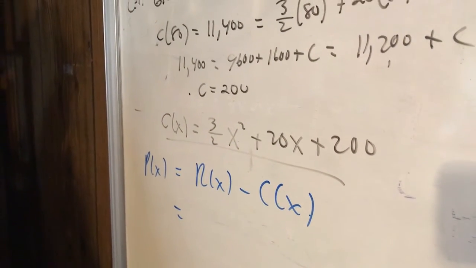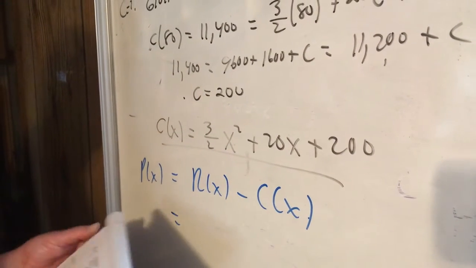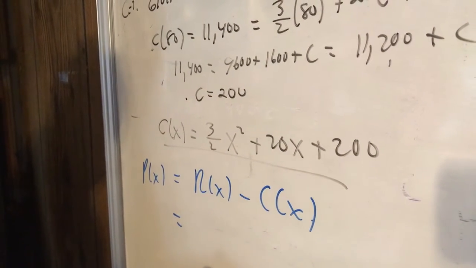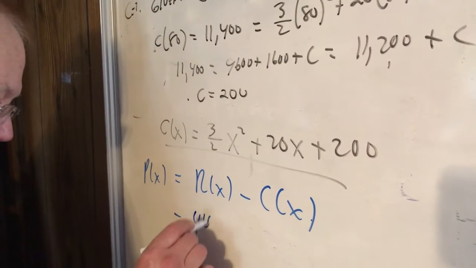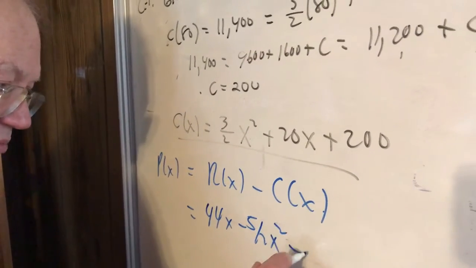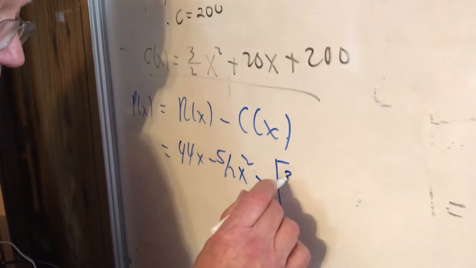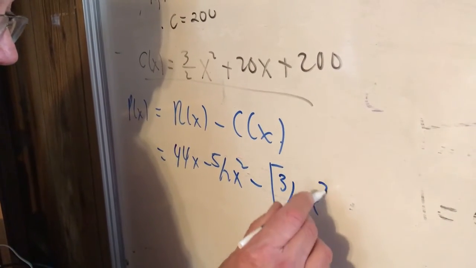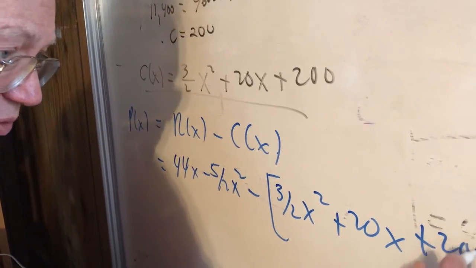And the revenue function, I left on the other side. I believe that came out to be 44x minus 5/2 x squared, minus 3/2 x squared plus 20x plus 200.